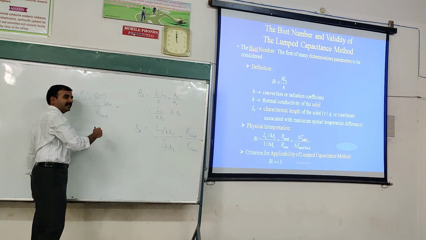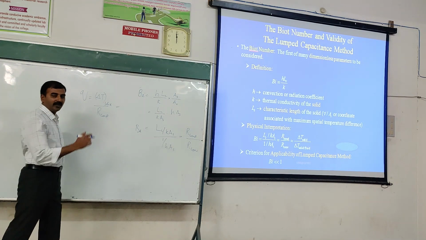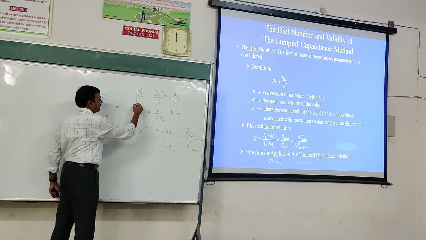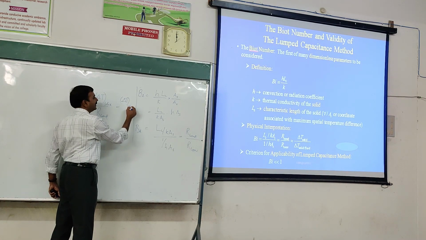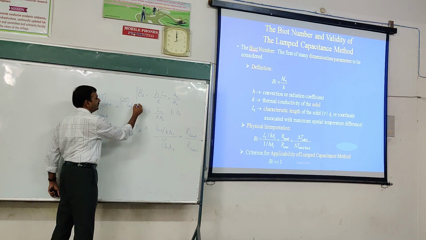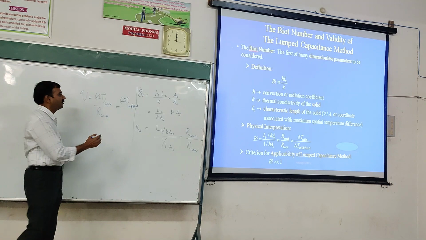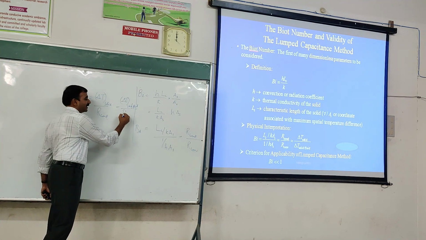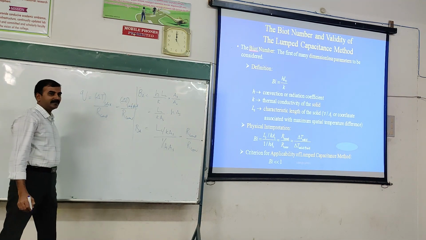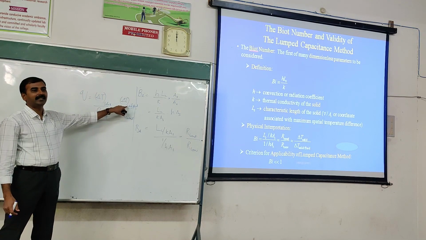The same heat transfer again is to be dissipated to the surroundings by convection. Now in convection, what is the temperature difference that you get? Delta T between solid and the fluid, Ts minus T infinity, where Ts is the solid temperature and T infinity is the surrounding fluid temperature, divided by the convective resistance. So this is like Q equal to h A delta T.